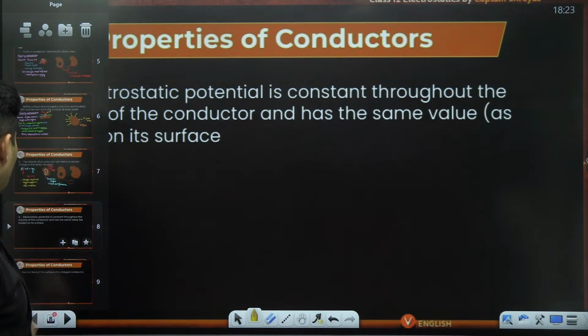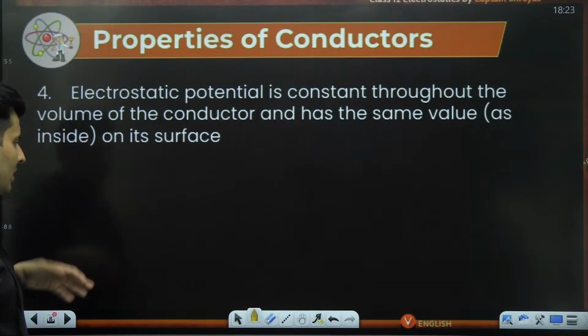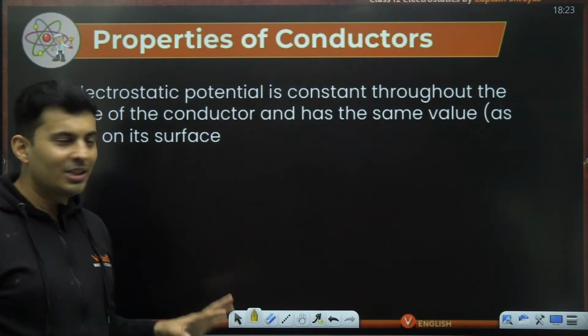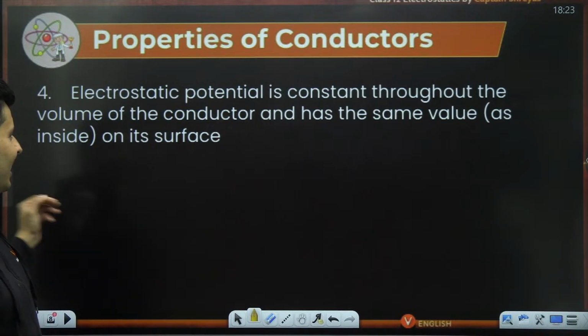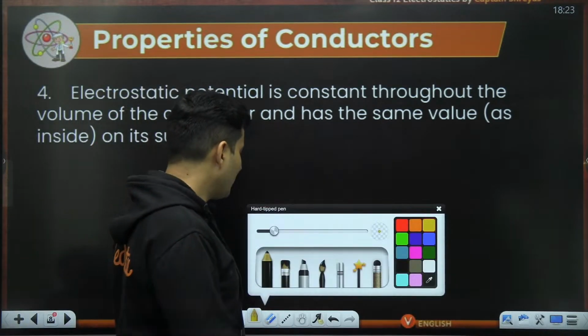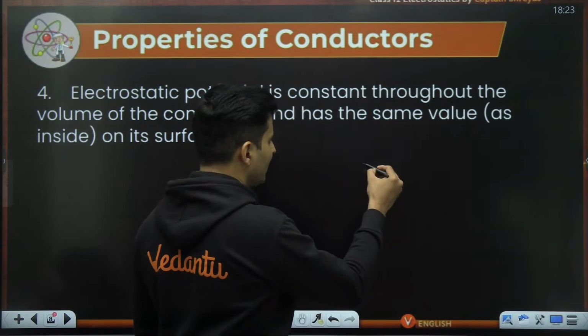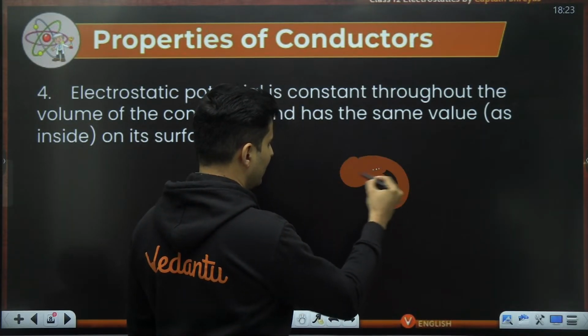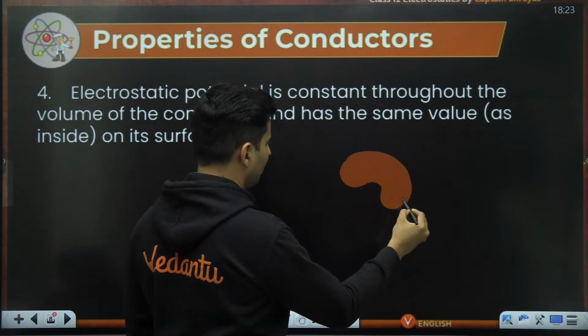All right. Now this is actually, I should have put this before, the fourth property. Electric potential is constant throughout the volume of the conductor and has the same value as on its surface. This is so simple to understand. Imagine I have a conductor, some random conductor.